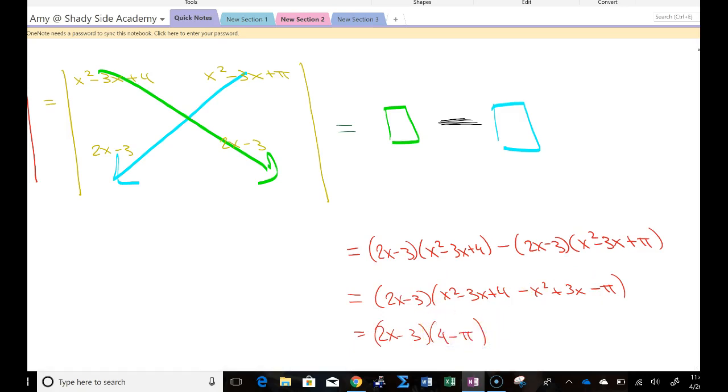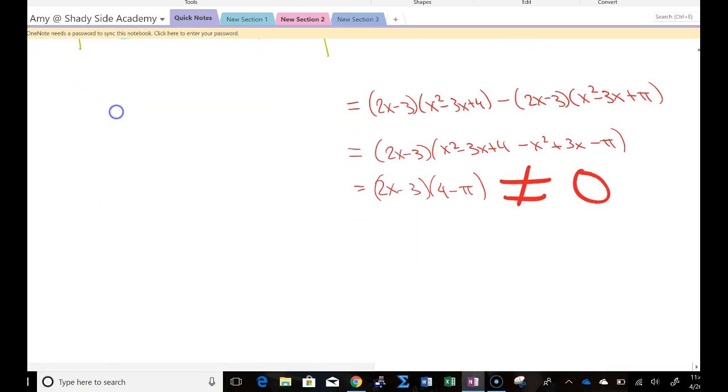Notice the Wronskian here, this is the big deal right now. The Wronskian did not equal 0. When the Wronskian of a set of functions does not equal 0, it means the functions are linearly independent.